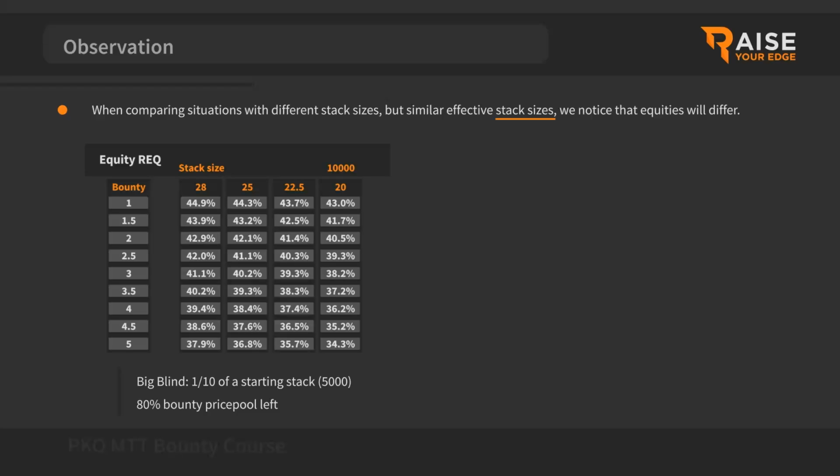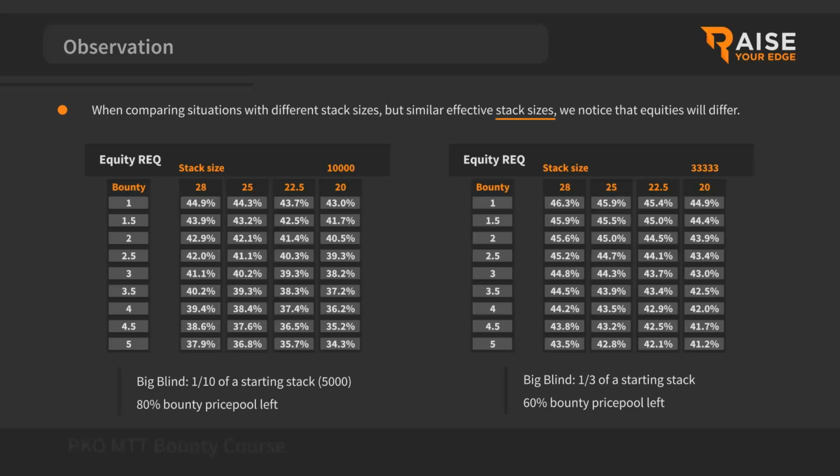Now we compare this scenario where we have 2 starting bounties to a different scenario where the big blind should be 1/3 of the starting stack. And in this case, we divide 20 by 3, so we get something around 7 starting stacks, and this is a bit under 35,000. So those two situations are actually, from the effective stack sizes, the same.